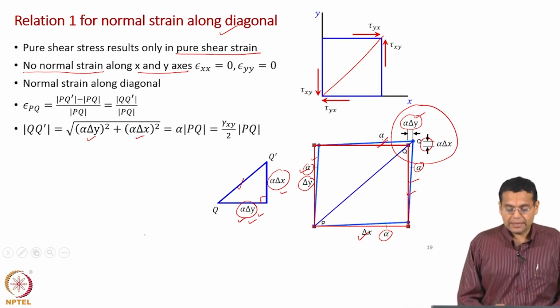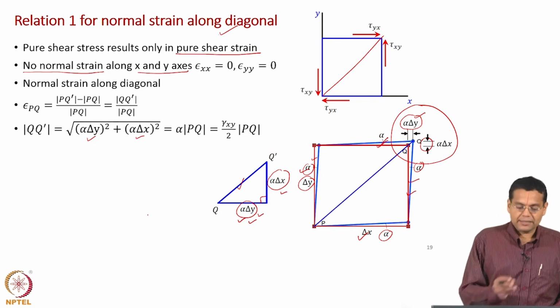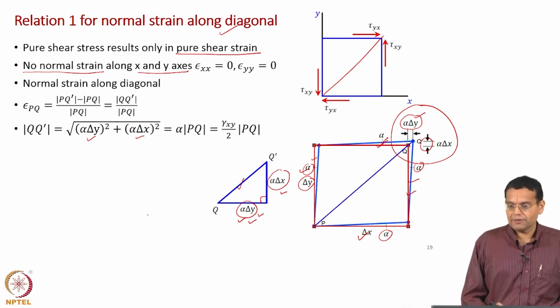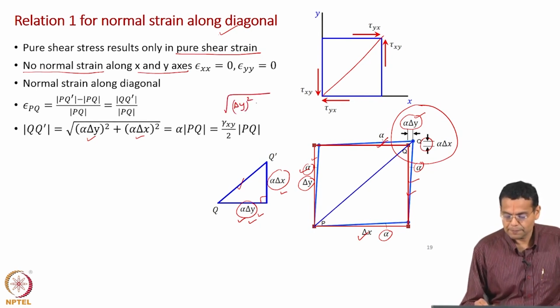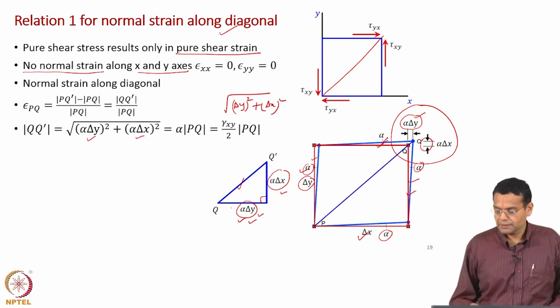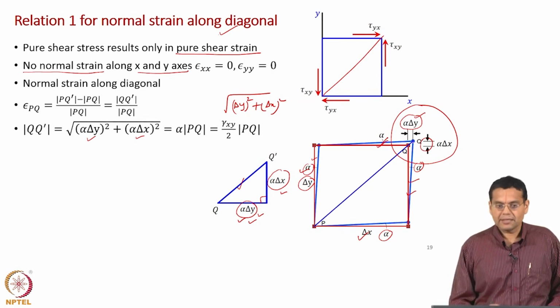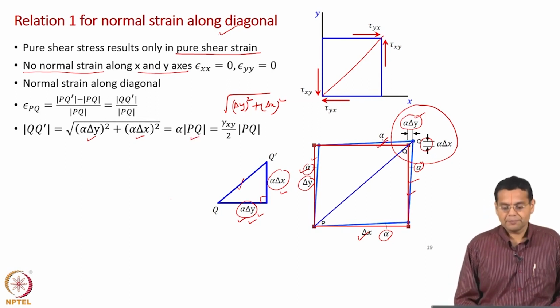Take out alpha squared, and out of the square root you get alpha, and what remains is square root of delta y squared plus delta x squared, which is nothing but the length of diagonal PQ, and alpha is gamma xy by 2, which you have seen in the recall slide.